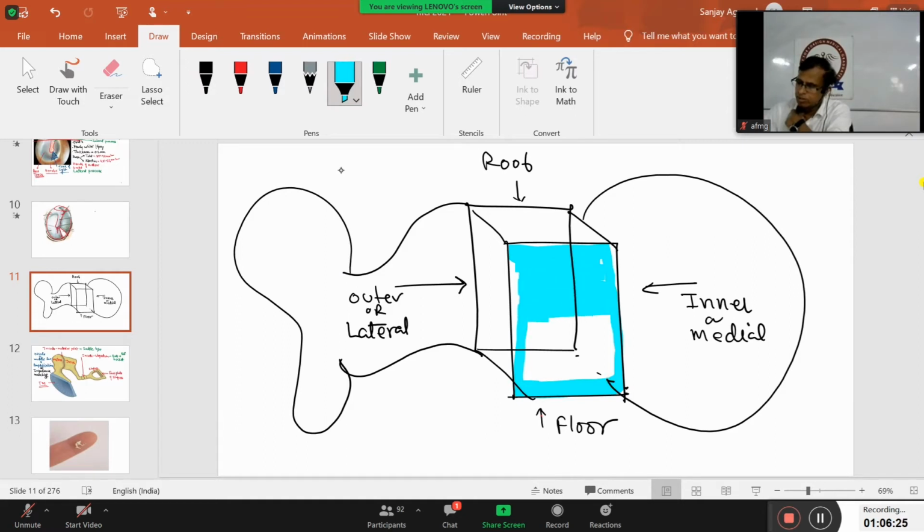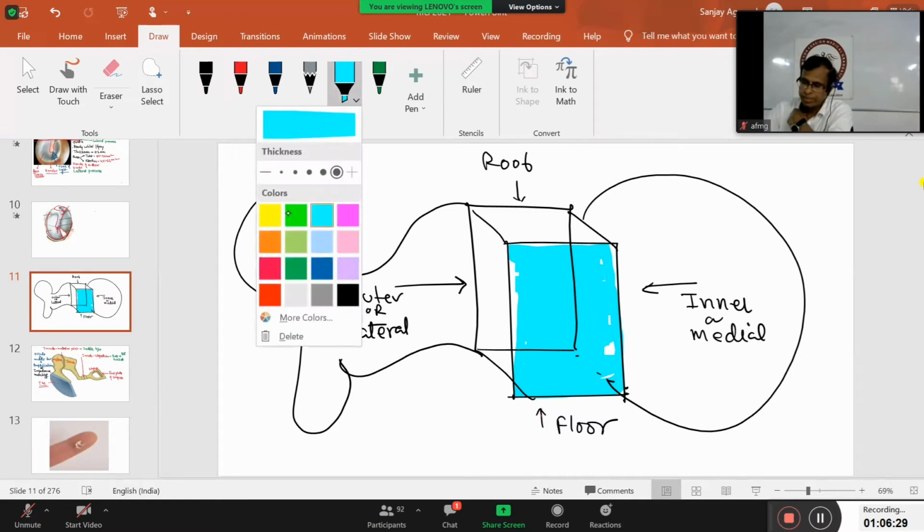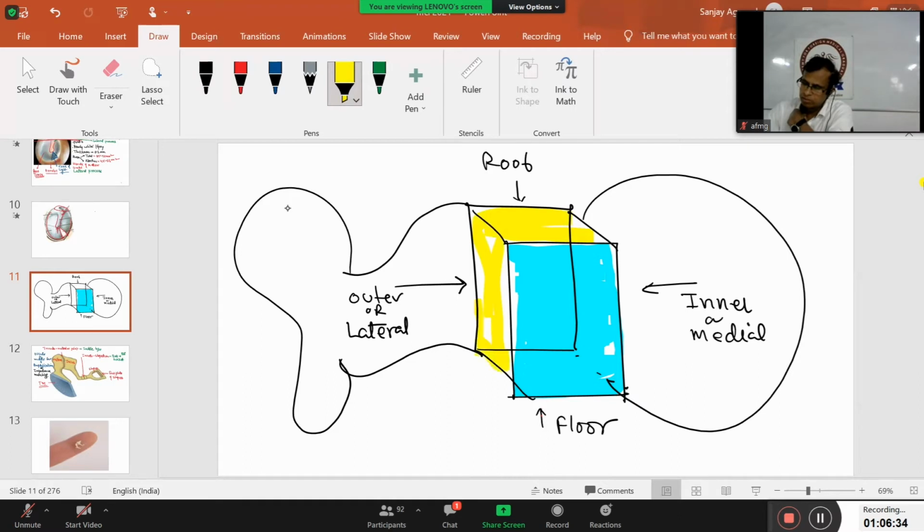And behind this is the posterior boundary. So we know the 6 boundaries. We have outer, inner, roof, floor, anterior, posterior boundary.